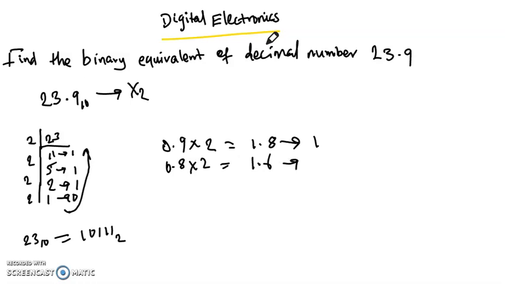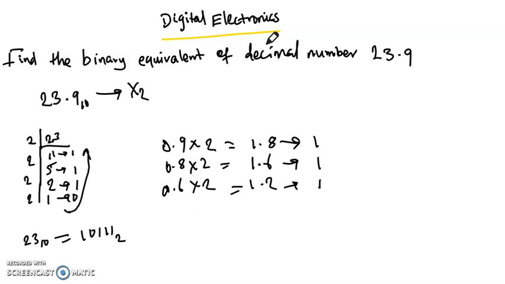So we take this 1 again, and we have 0.6. Multiply this by 2, which will be 1.2. Of course, here we take 1 again, and we are left with 0.2.